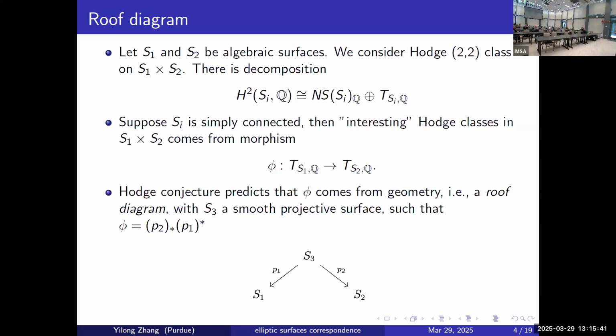Let's work with an algebraic surface and look at its middle-dimensional cohomology. By the Künneth decomposition, we know there are a few pieces: H0 with H4, H4 with H0, H1 with H3, H3 with H1. The final piece, probably the most interesting, is H2 with H2.